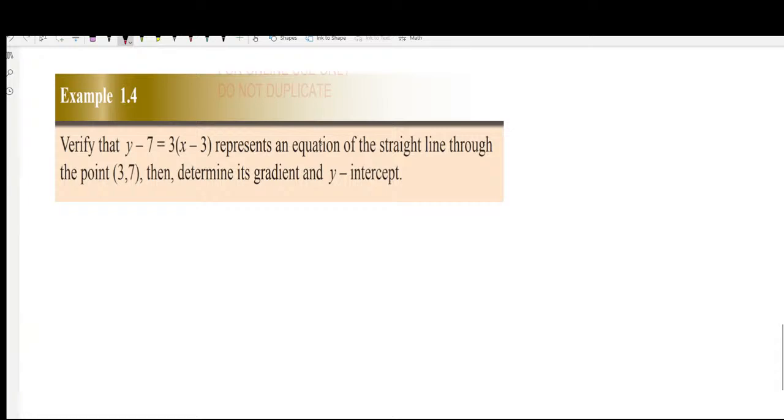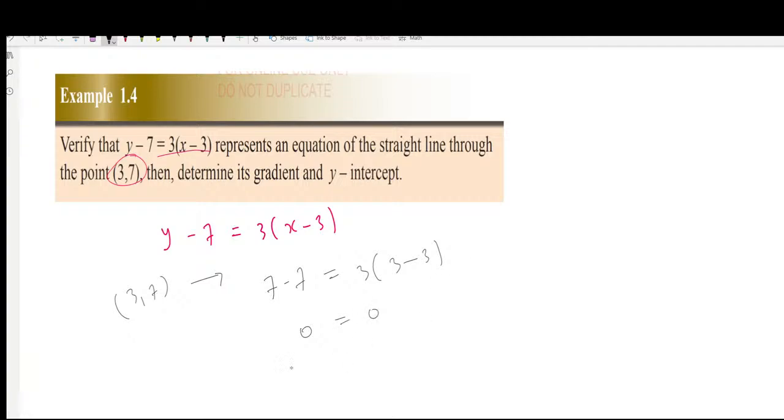So what we'll be checking is whether this point satisfies the given equation. With the equation given, y minus 7 equals 3(x minus 3), I'll be substituting the point (3, 7). Then we have y, which is 7, minus 7 equals 3 times (3 minus 3). So 0 equals 0.